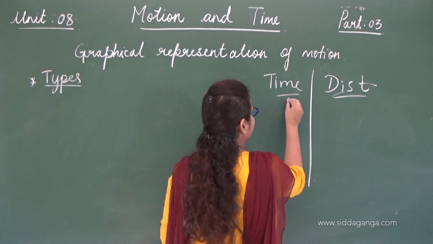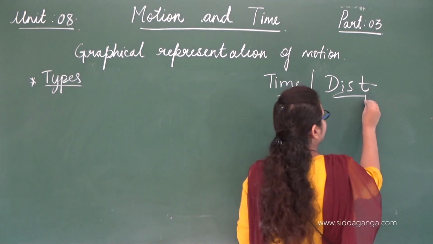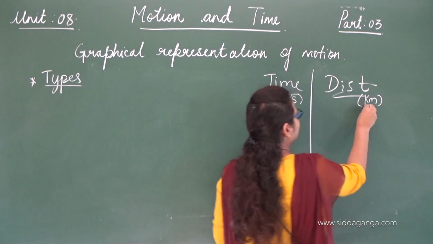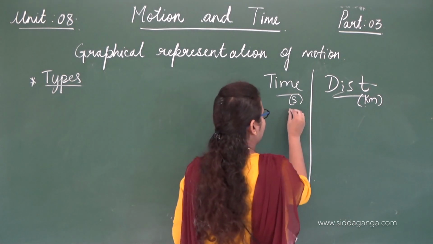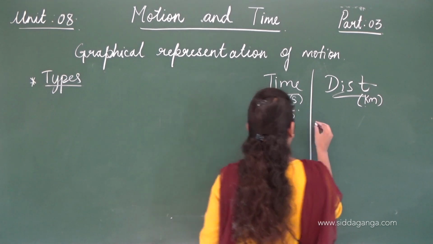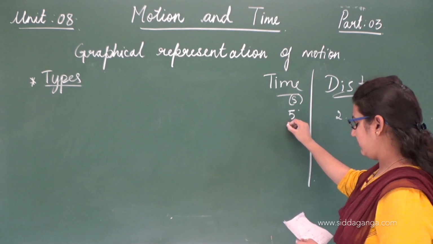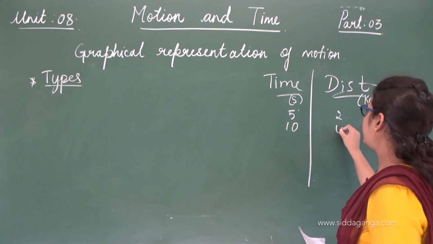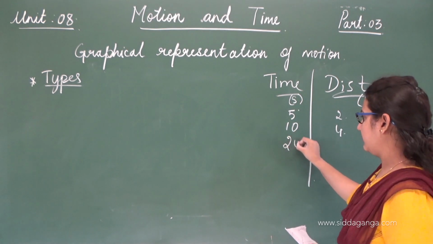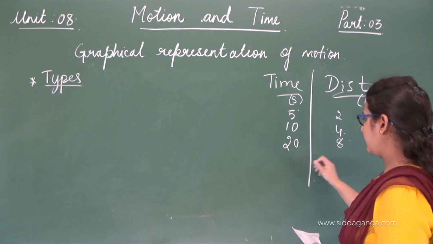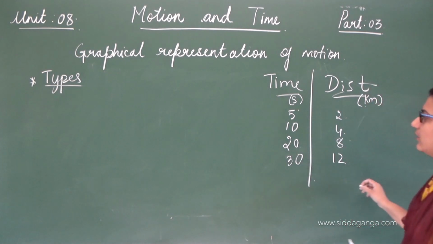Here time is represented in minutes and distance is represented in kilometers. For example, in 5 minutes the distance covered is 2 kilometers, in 10 minutes the distance covered is 4 kilometers, in 20 minutes the distance covered is 8 kilometers, and in 30 minutes the distance covered is 12 kilometers.